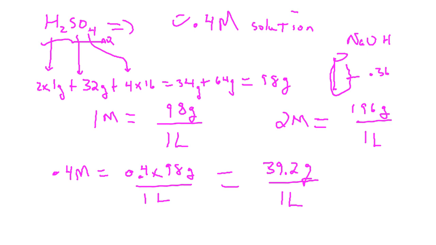That means it's a 0.36 molarity. Remember, this had a mass of 40, so you'd have to multiply by 0.36 to tell you how many grams per liter there are of sodium hydroxide with the concentration of 0.36.